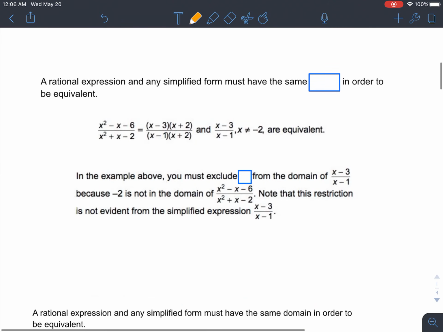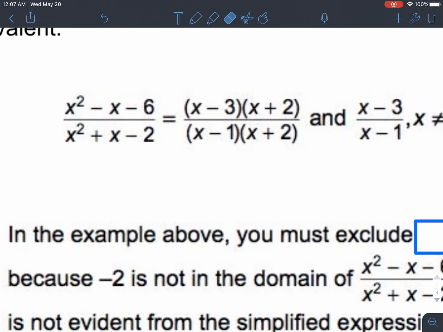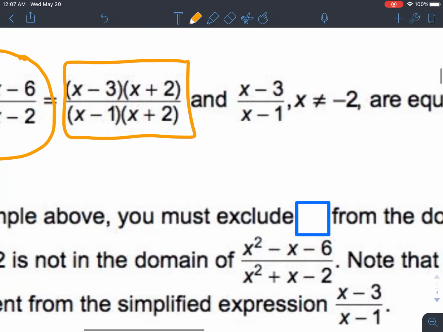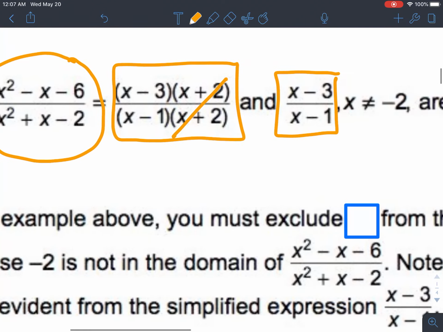Okay. There's really not a whole lot more to it than that, except for one problem with the domain. So a rational expression can be simplified, but it has to have the same domain. So for instance, let's look at this one that we just did. When we have x squared minus x minus 6 over x squared plus x minus 2, it factors to this, which of course these cancel, and we end up with x minus 3 over x minus 1.